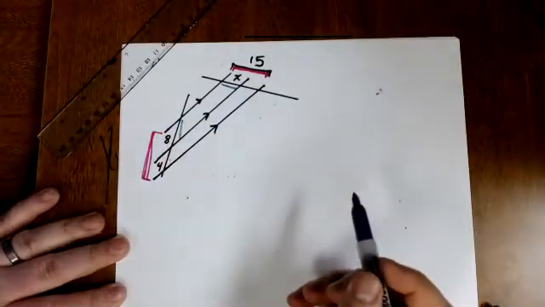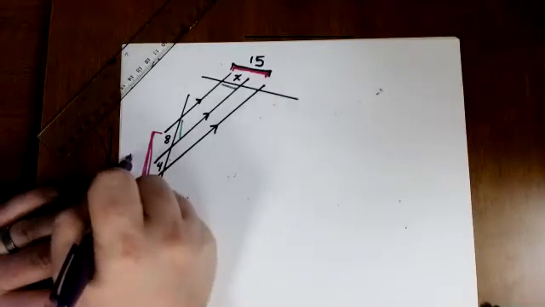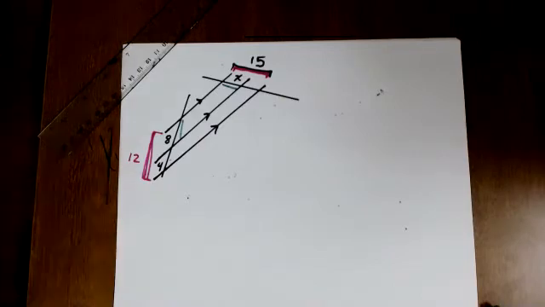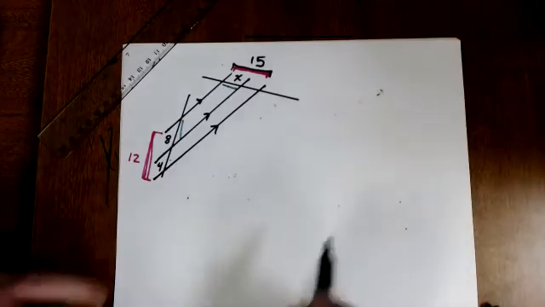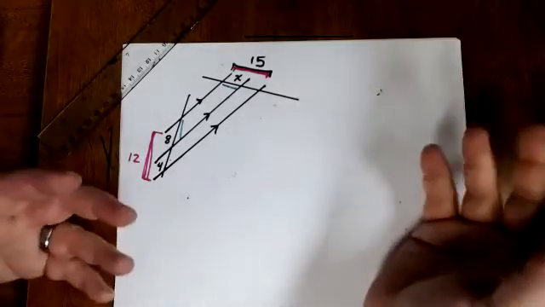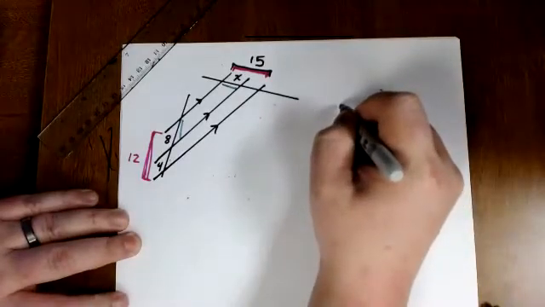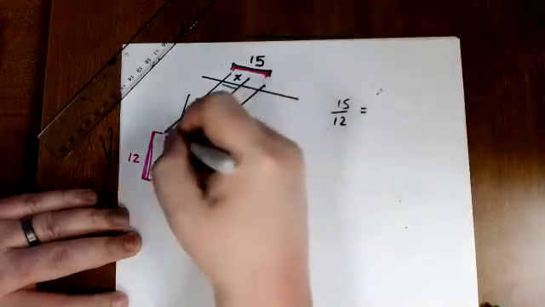And that whole length would be 8 and 4, so 12. Okay. So we've got two sets of pairs. Let's do 15 over 12 is x over 8.